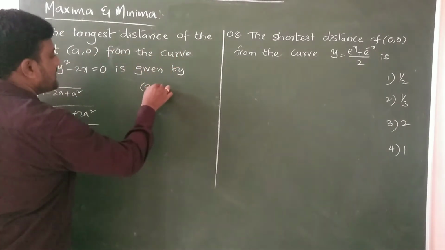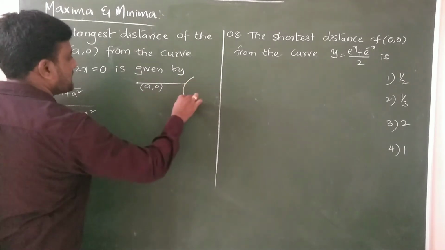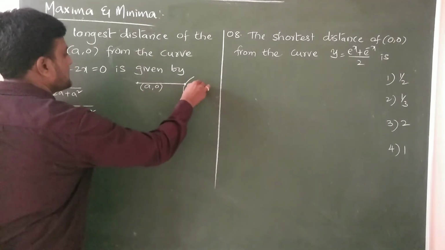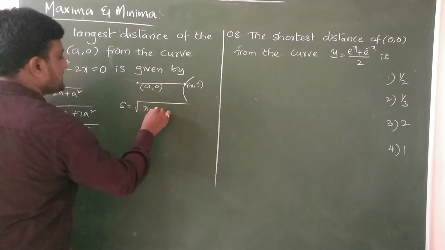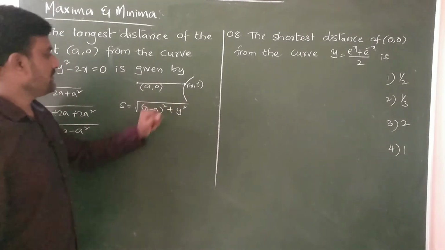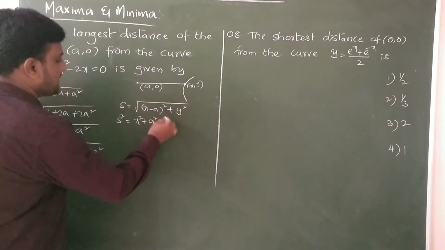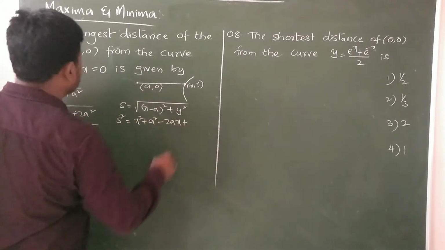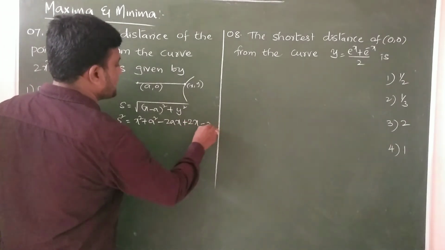Suppose the point is a comma 0 here. So the distance to the curve is like this, with a point x comma y. Then s equals the root of x minus a whole square plus y minus 0 whole square, yes or no? Here s square equals x square minus 2ax plus a square, and in the place of y square I write 2x minus 2x square, yes?